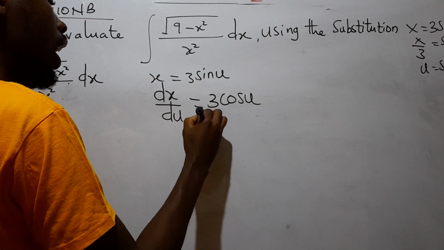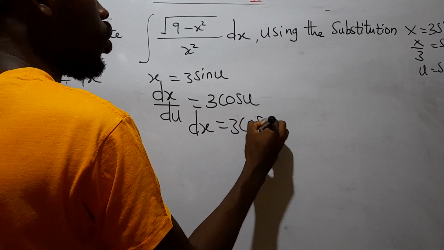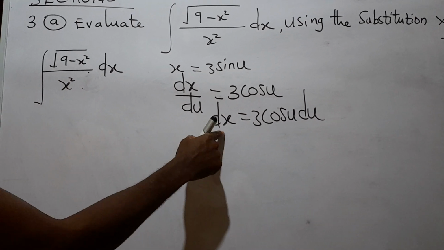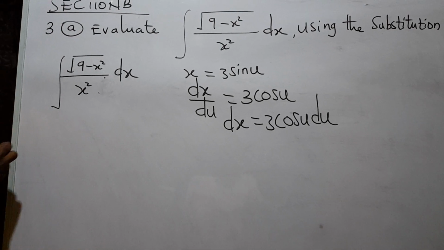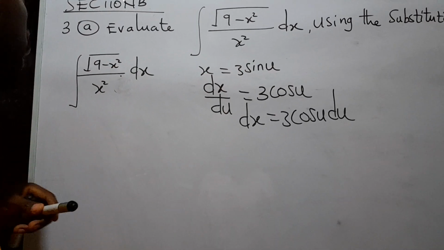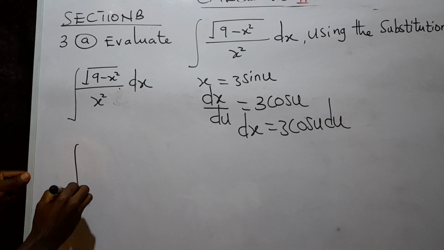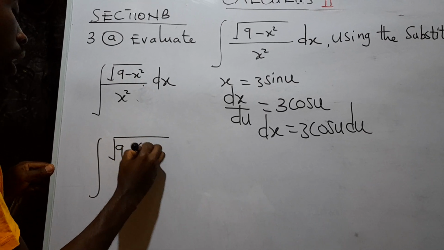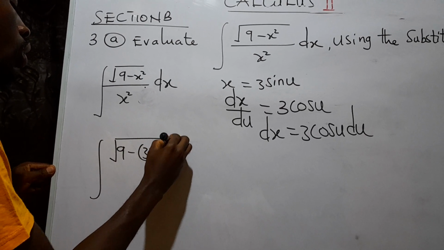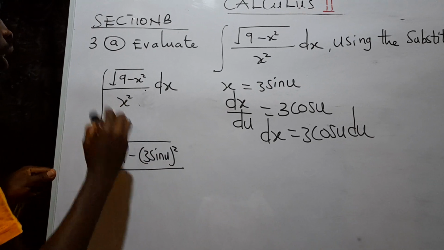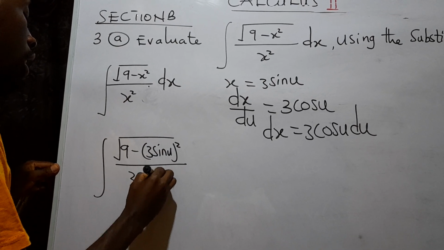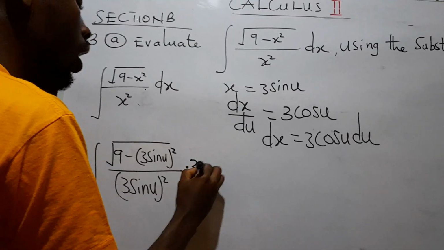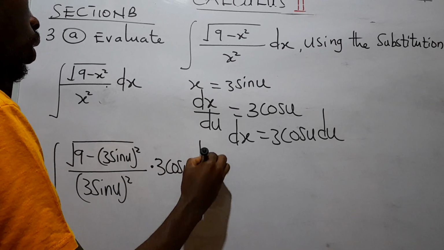Then we can say our dx is equal to 3 cos u du. Very, very necessary. So in place of dx, we substitute 3 cos u du. Then in place of x, we substitute 3 sine u. So what do we have? We'll have the integral of the square root of 9 minus, there is x here, so we'll have 3 sine u all squared, over 3 sine u all squared. Then my dx is what? 3 cos u du.